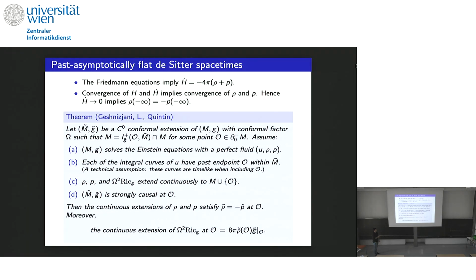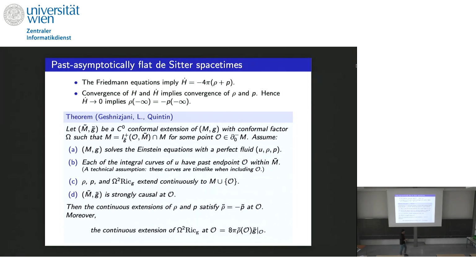So there are natural assumptions that make this extend continuously to the origin. Finally, assume that (M tilde, g tilde) is strongly causal at the origin. Then the continuous extension of rho and p will be rho tilde equal to minus p tilde at the origin. And again, the continuous extension of omega squared Ricci g at the origin is equal to 8 pi rho tilde g tilde at the origin, right?